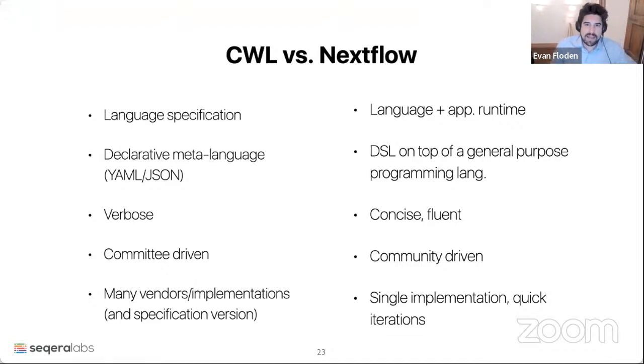It should be quite clear what's happening most of the time when you're reading the definition of those processes. And with this single implementation, the language itself is very quickly linked to the runtime. You don't have multiple implementations of it, you don't have variances, which can result in much quicker iterations and quicker development times.